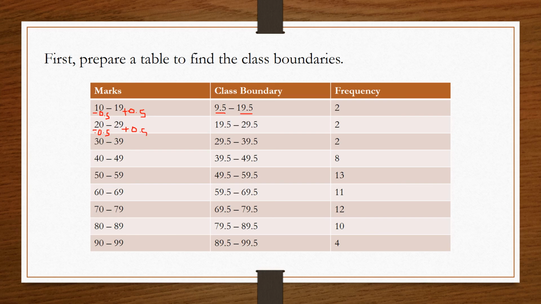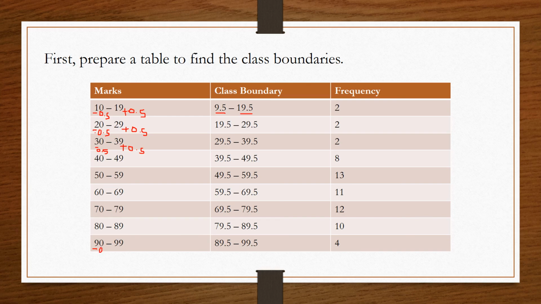So work it out as I'm doing this. Minus 0.5, plus 0.5. Do it till you get to the last class interval. So I'm jumping to the last class interval, which is 90.